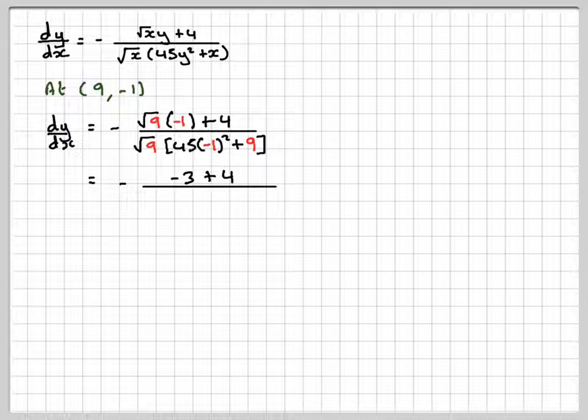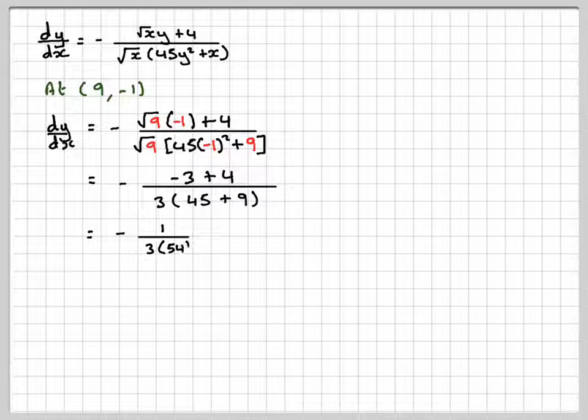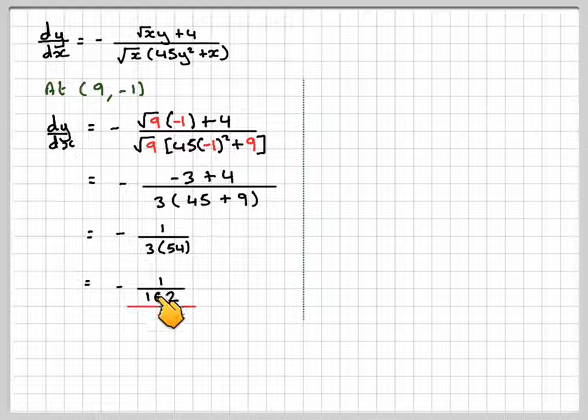So that will give me 3 times minus 1, which is minus 3, plus 4. Here we're going to get 45, minus 1 squared is positive, so it's 45 plus 9. So that's going to give me 1 over 3 times 54, so that gives me a gradient of minus 1 over 162.